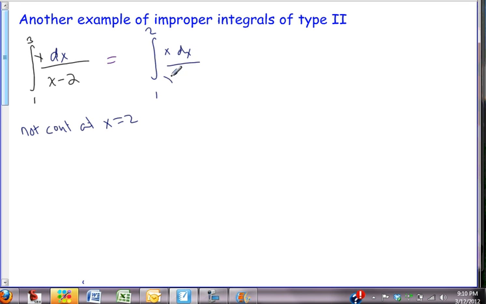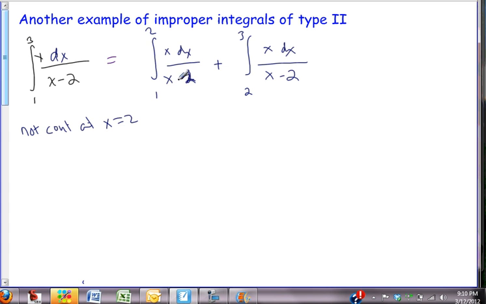If either one of these two integrals diverges, then the integral in question, the integral we're working on, diverges. However, if both of them converge, the integral that we're looking at is going to be defined to be the sum of those two integrals. Okay, so we have to evaluate these separately.